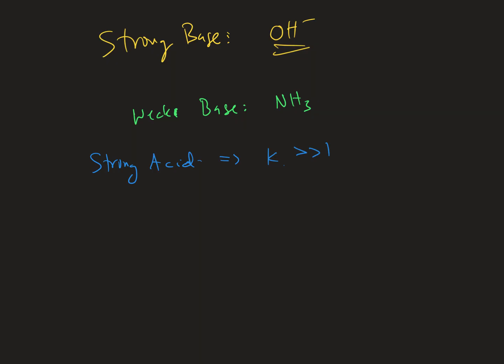It dissociates completely. And for a weak acid, the K is much less than 1. Why are there double alligators? Because it means much less, much greater, right?